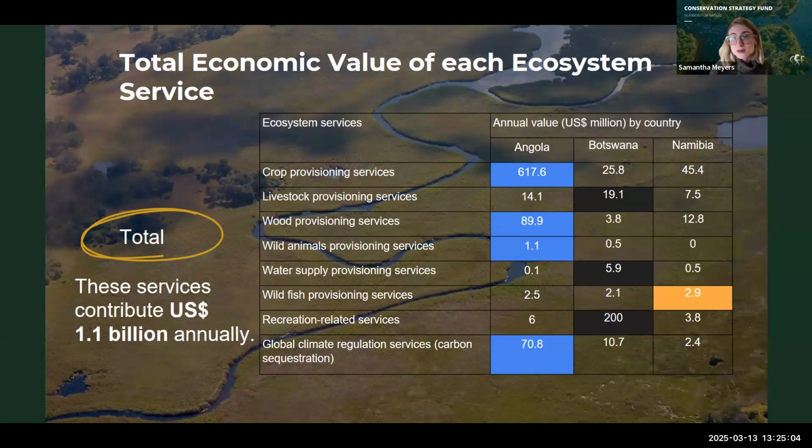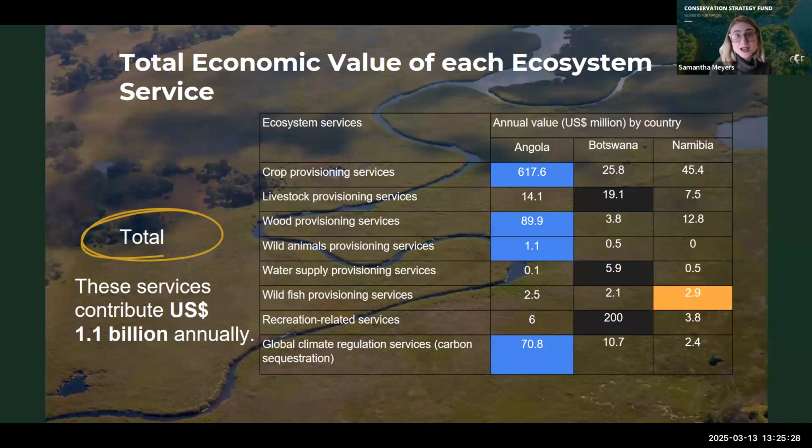Similarly, you can see in Namibia, I was speaking about the river portion that crosses through Namibia. It provides really valuable wild fish provisioning services. That's highlighted in orange. And then Botswana, because of that key biodiversity area, it was natural that there would be just so much economic value drawn to Botswana through this ecosystem.